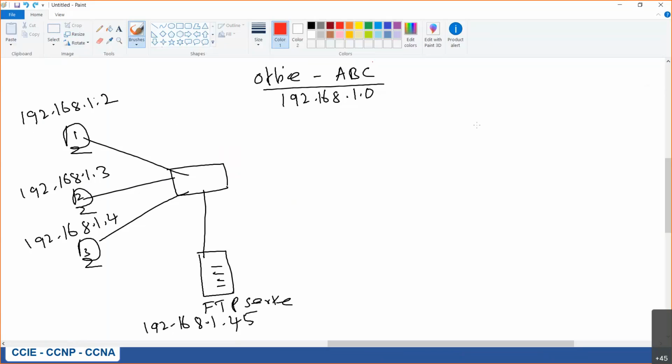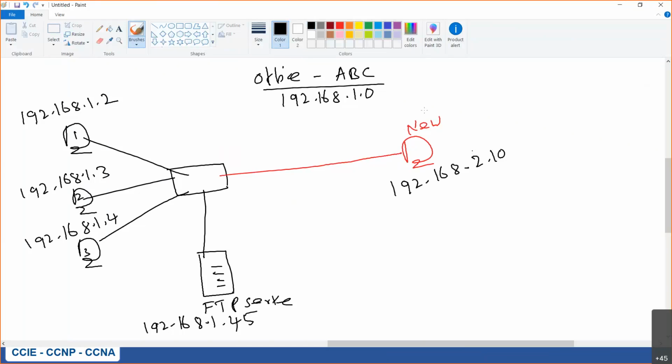Now, after some time, one new device is added to the network. It is connected to my switch. The new device IP address is 192.168.2.10. Can the new device communicate with the FTP server? No. Why? It is in a different network.